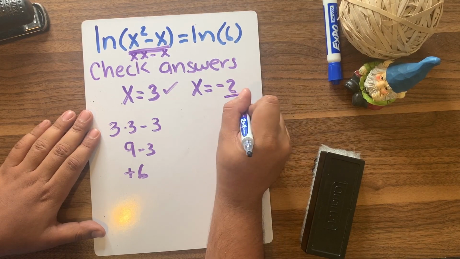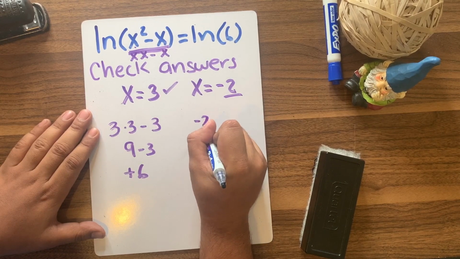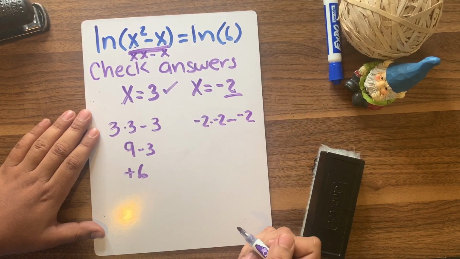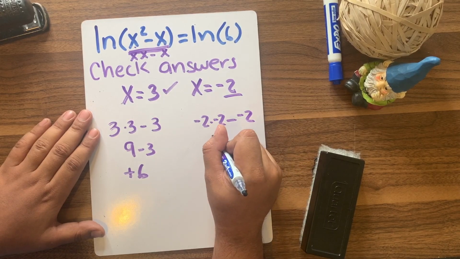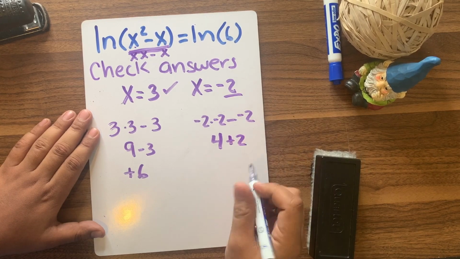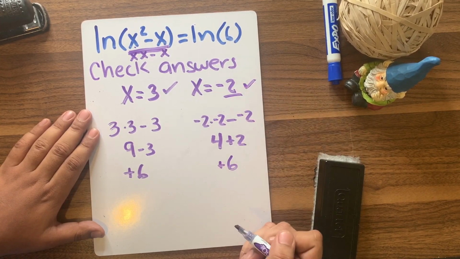Now we're going to plug in -2 into the x's inside the original equation. So -2 times -2, because that's x squared, minus -2. Well, that gives me 4 plus 2, which is positive 6. Now, because it's positive, that's also a good answer.